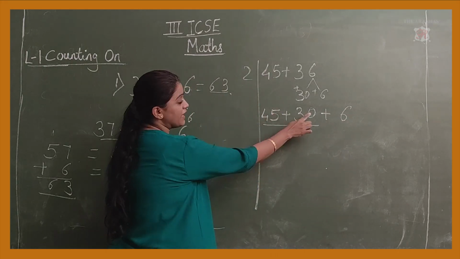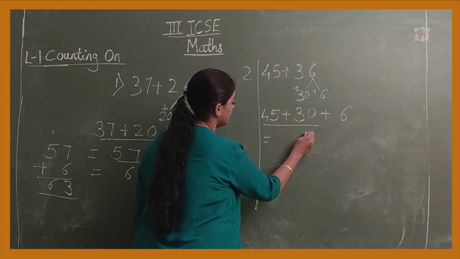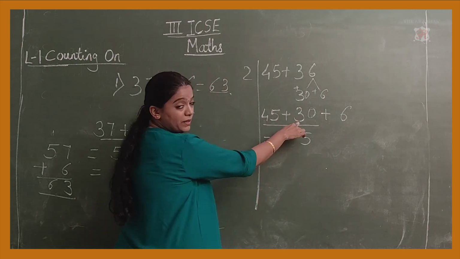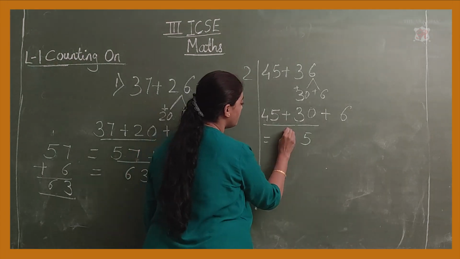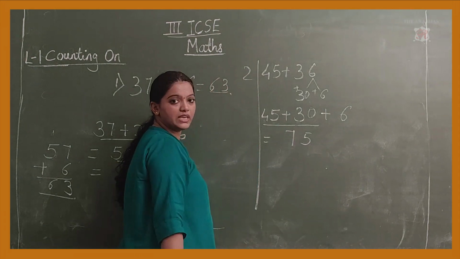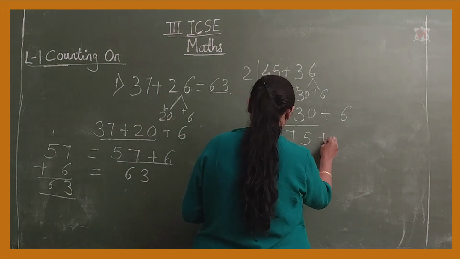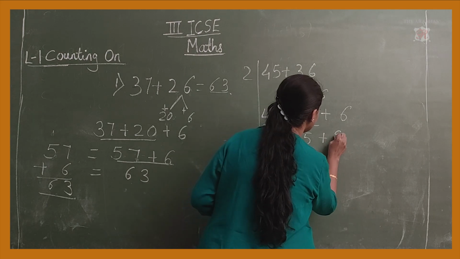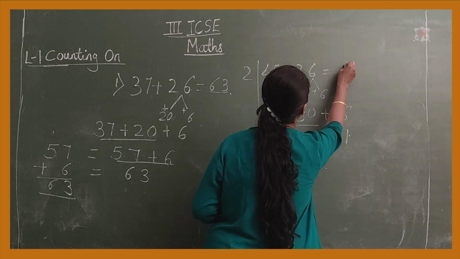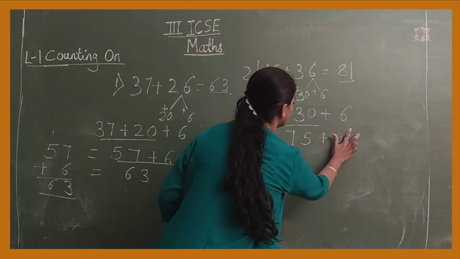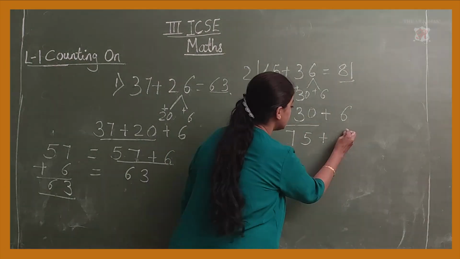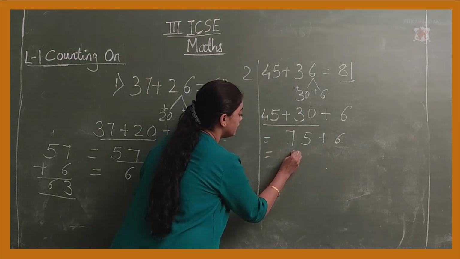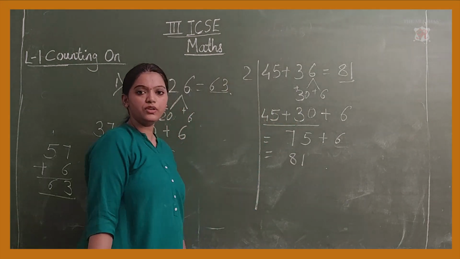What is 5 plus 0? 5. 4 plus 3 is 7. 75. Oh, I'm so sorry. You have to write your 75 plus 6. Your answer is 81. Understood?